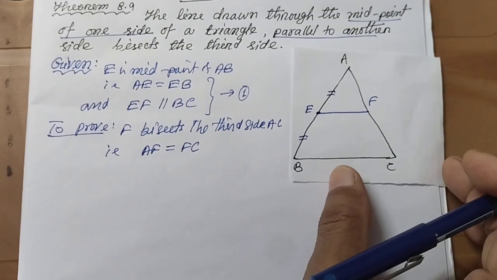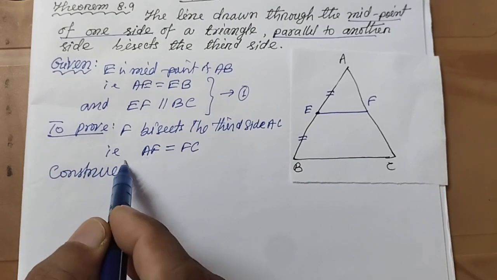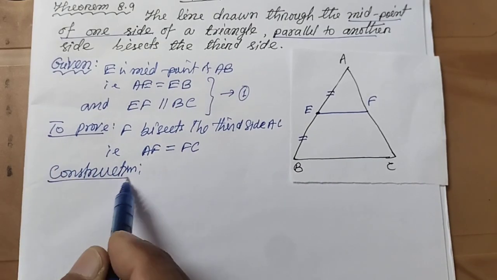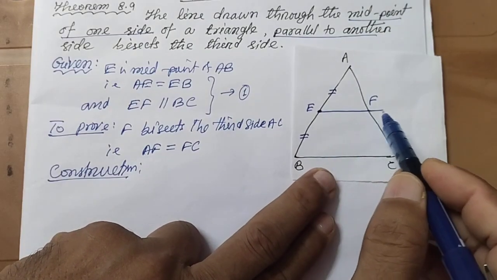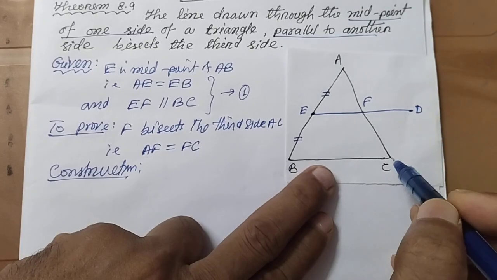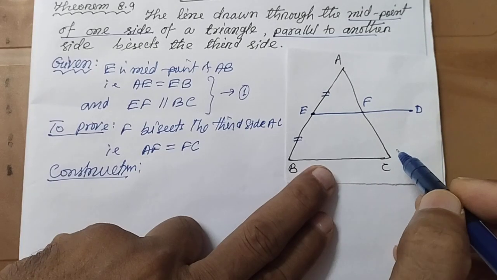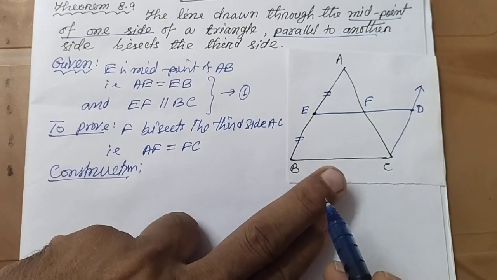Now, first we will do the construction. We will extend this line EF up to a point D, and then we will draw a line CD parallel to AB.